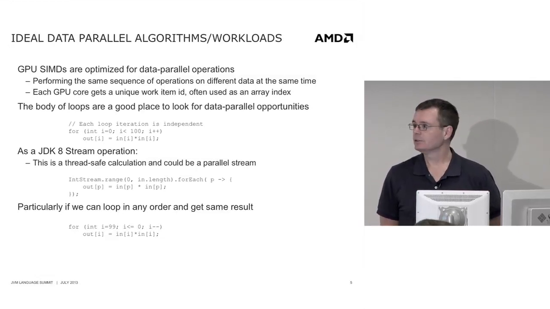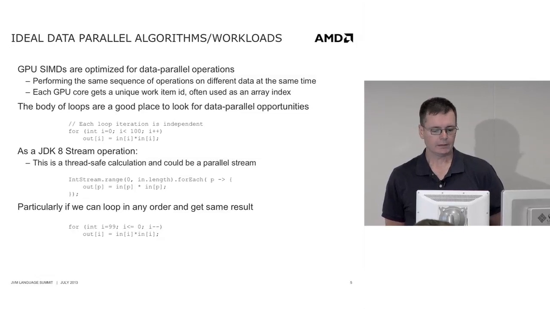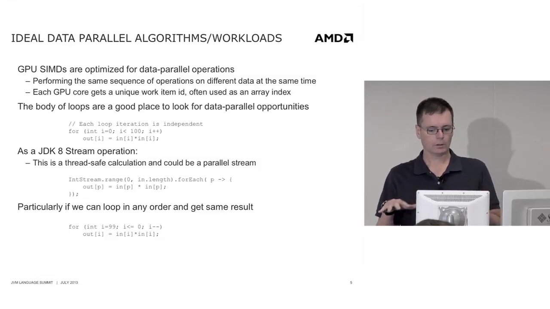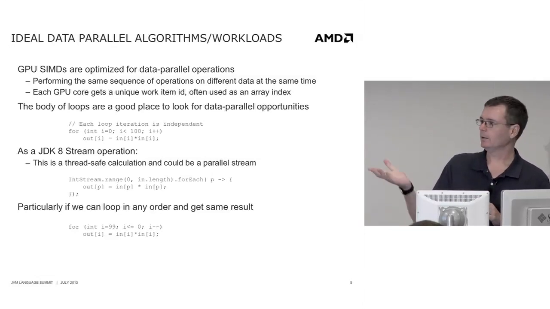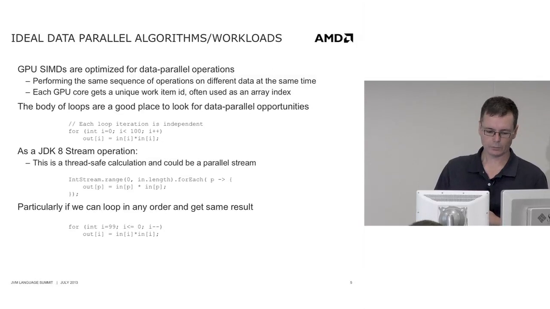And each GPU core gets its own unique ID, and the common way to do that is to pass arrays of data into the GPU, and then each core gets its own work item ID that it can use as an array index to access the array, and then it will get its own unique piece of data that it's working on. So here's a straightforward example with a for loop.